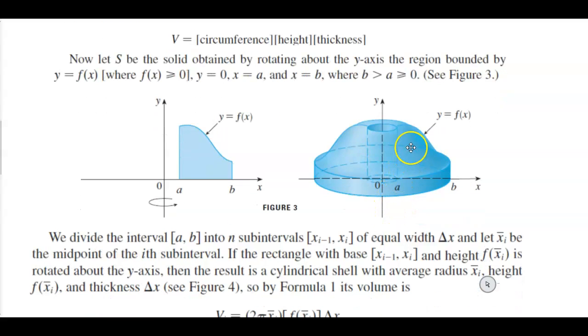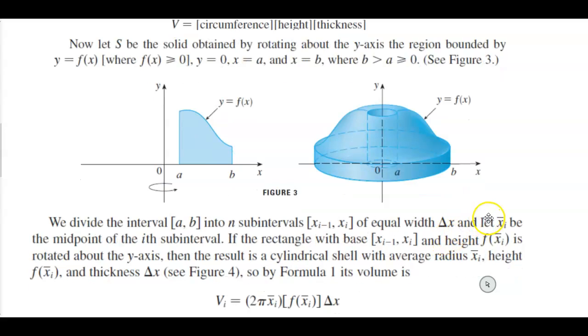Now, if we divide the interval [a, b] into n subintervals of equal length delta x, as we've done in the past, we let x-bar i be the midpoint of the ith subinterval.